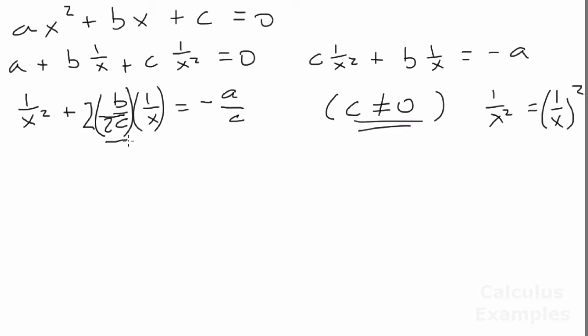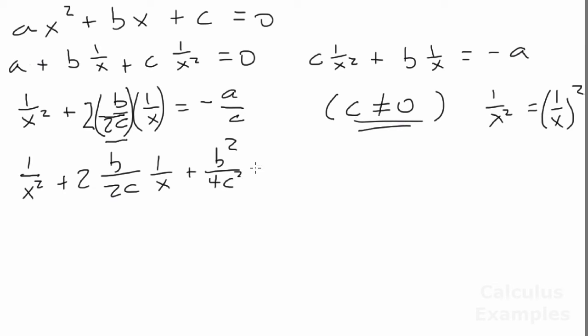So this guy squared will be added to both sides: 1/x² + (2b/2c)(1/x) + b²/4c² = b²/4c². We can actually add it immediately to this by finding the common denominator.